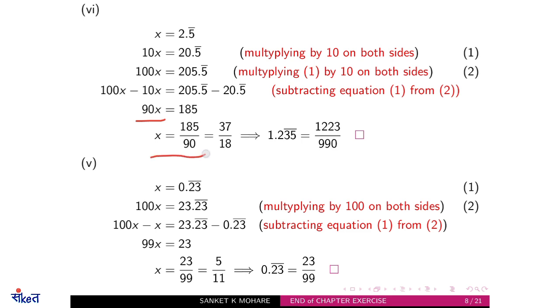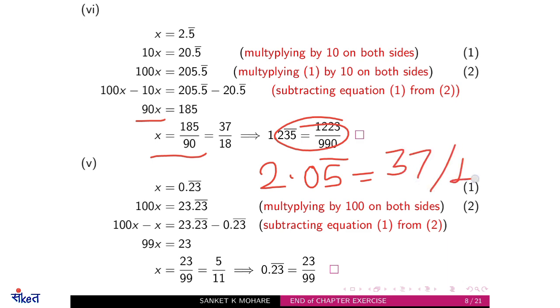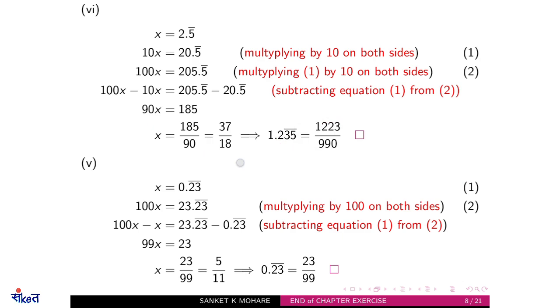This implies x is equal to 185 upon 90. Now if we divide numerator and denominator by 5, we'll get 37 by 18, which is the reduced form of x. Therefore 2.0 bar 5 is equal to 37 upon 18. This is the required form of P by Q for the decimal number.